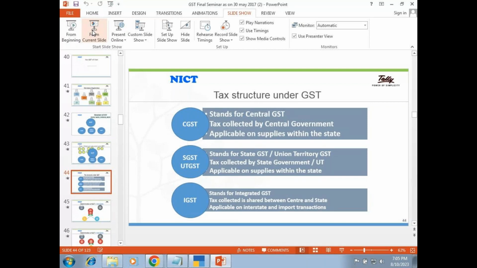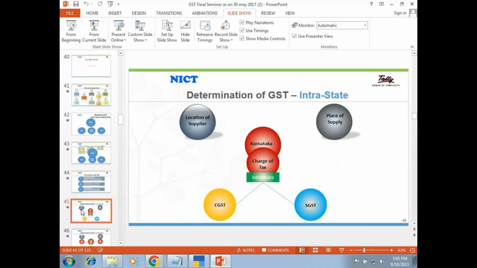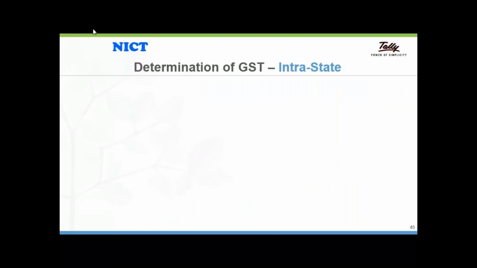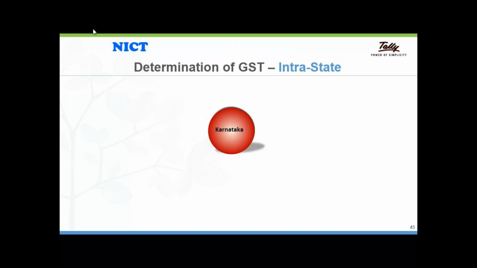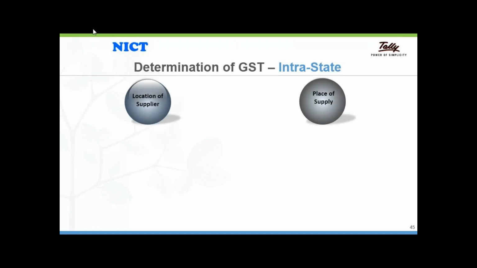If it is intrastate, how the tax gets distributed, let us see in the presentation. Please write intrastate transaction. There are two things: location of supplier, place of supply.